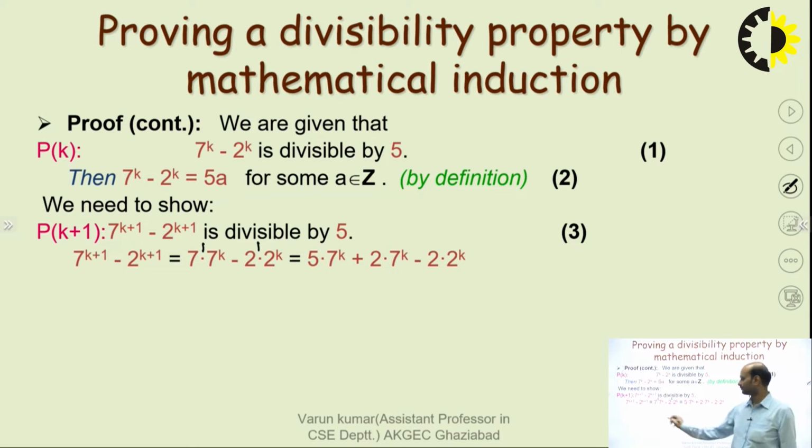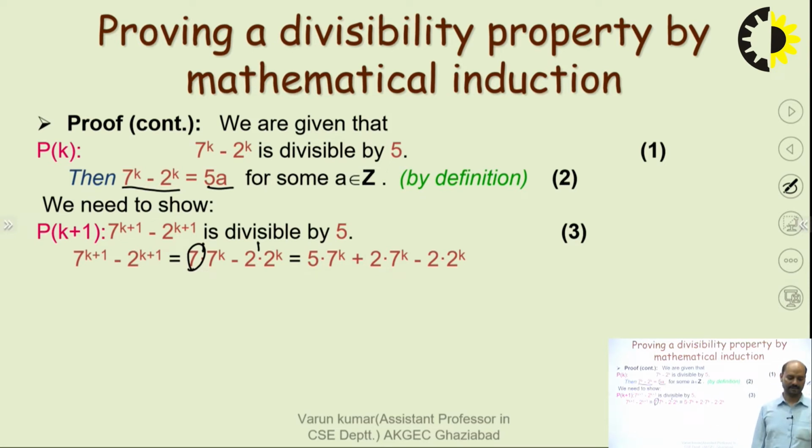We divide this particular factor because we assumed that 7^k minus 2^k is equal to 5a. So we divide this 7 into two parts, that is 5 dot 7^k plus 2 dot 7^k, which is equivalent to 5 plus 2, becoming again 7. Then minus 2 dot 2^k.